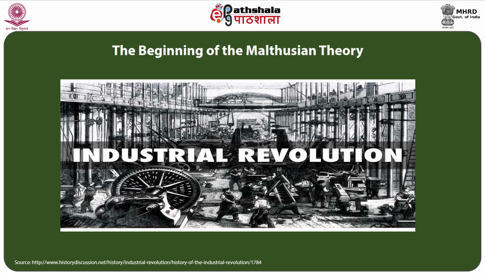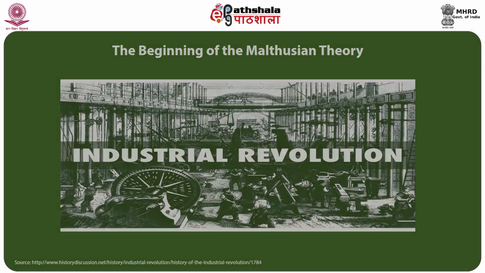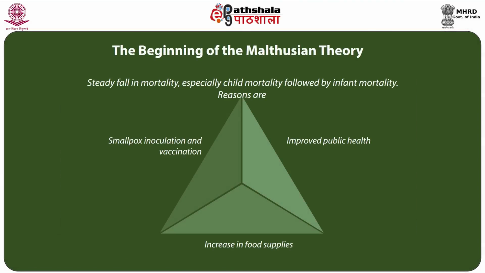Since the middle of the 18th century, population has been experiencing socio-economic and political changes because of the industrial revolution. One of them is a steady fall in mortality, especially child mortality, followed by infant mortality.